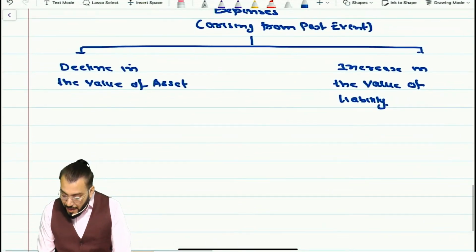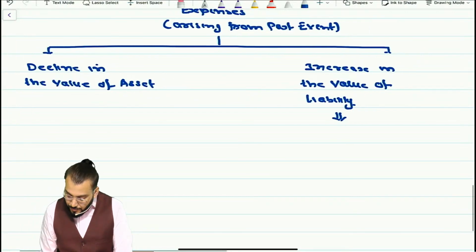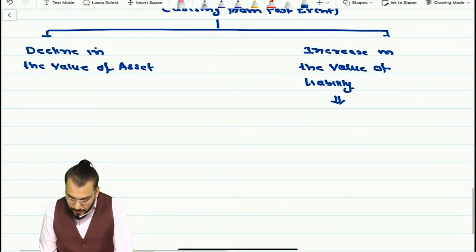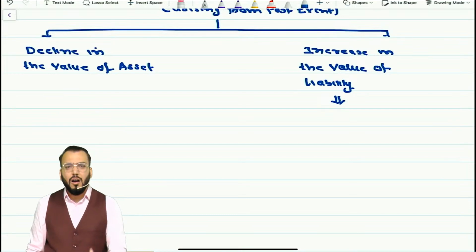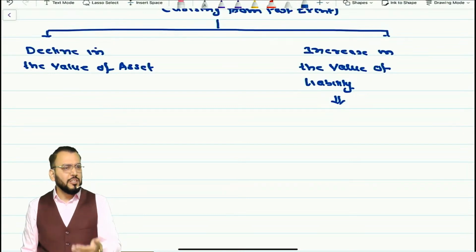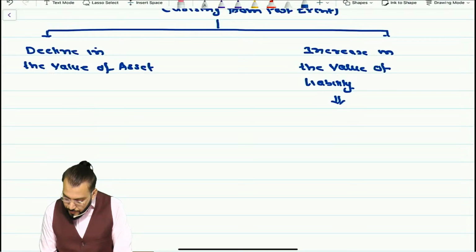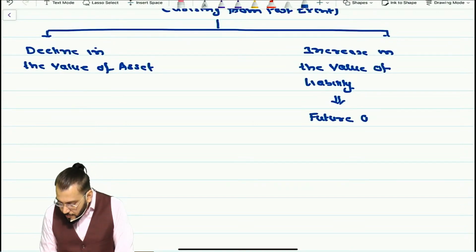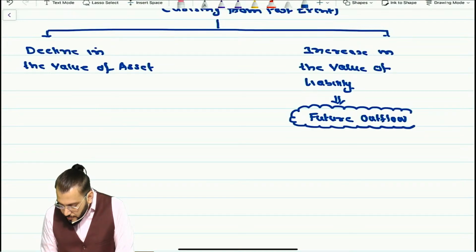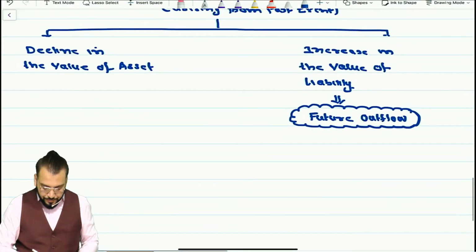When I am saying increase in the value of liability, can I say it will give rise to some outflow in future? There will be some future outflow or not? Are we able to understand?